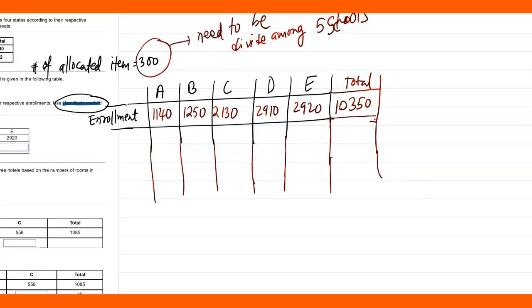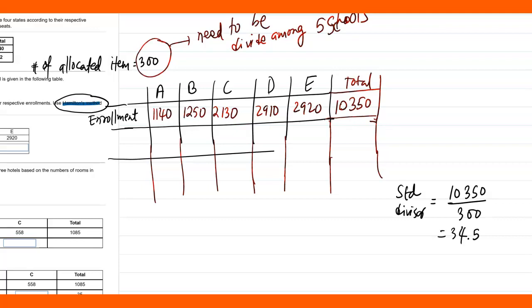Standard divisor equals total population, 10,350, divided by 300, rounded to 2 decimals. Let me do the math here. 10,350 divided by 300 gives you 34.5.